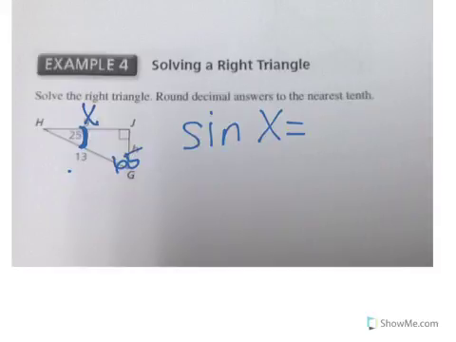Let me start all over on this one. I messed this one up, I'm sorry. I am going to use the 25 degrees, but I'm going to use it to solve for this one, the one I'm calling X. And it is adjacent to our 25 degrees, and that's where I was messing up.